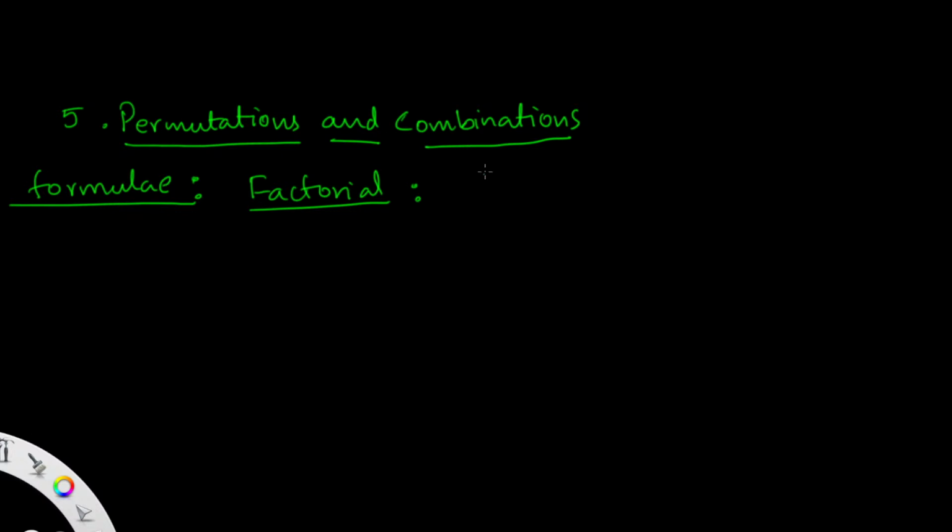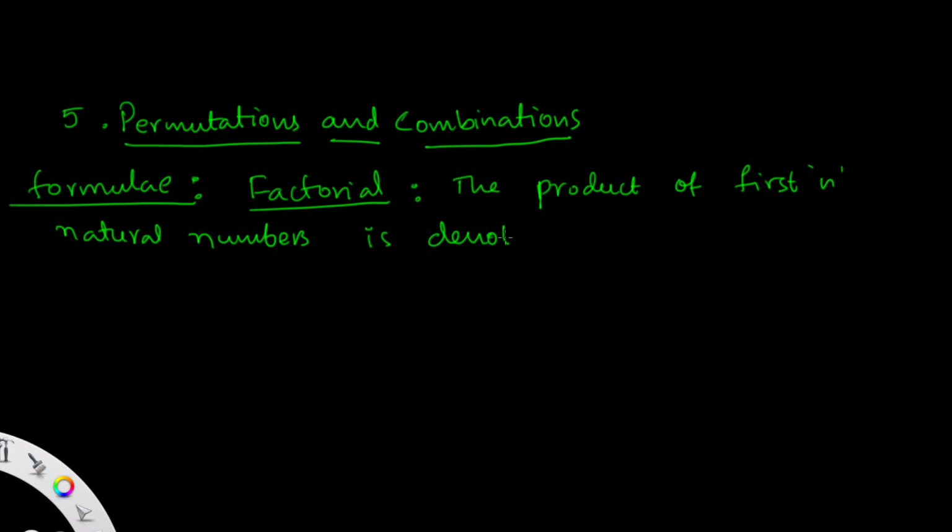So first we have to write down what is meant by factorial: the product of the first n natural numbers is denoted by n factorial.